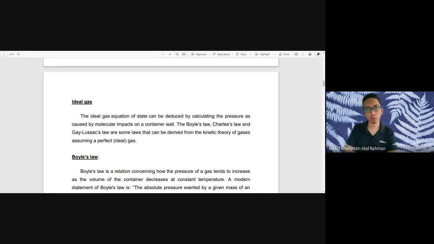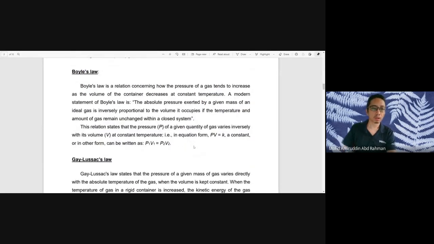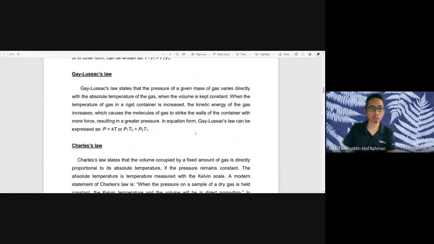Boyle's law, Charles' law, and Gay-Lussac's law are laws that can be derived from the kinetic theory of gases, assuming a perfect ideal gas. So basically, the ideal gas law can be derived from Boyle's law, Gay-Lussac's law, and Charles' law.